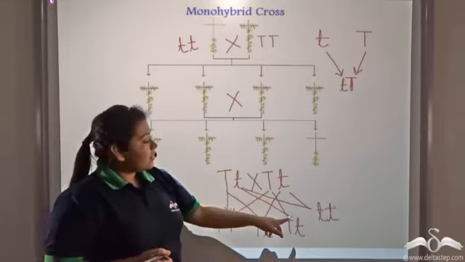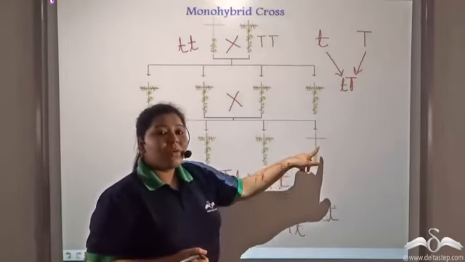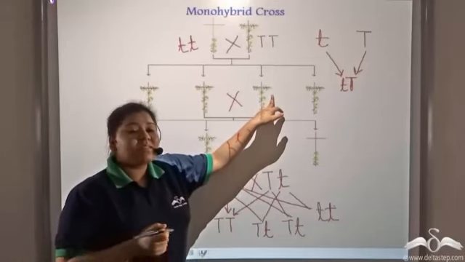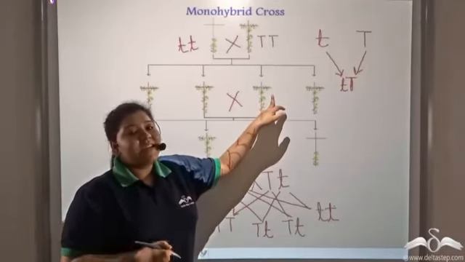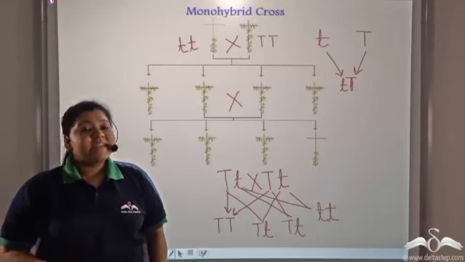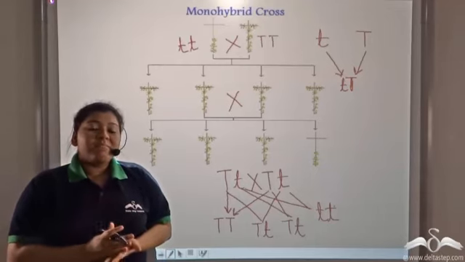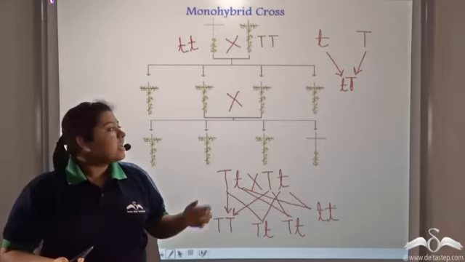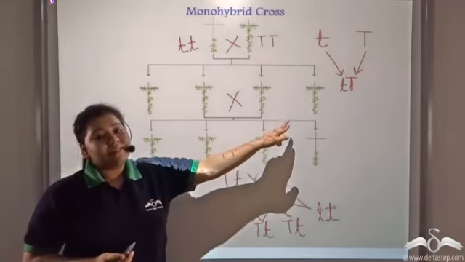Well, this can be formed only if the intermediate generation had both the factors capital T and small t. So he realized that his professors were right. There is dilution of factors, but this dilution is internal. Externally, he could only see tall plants.